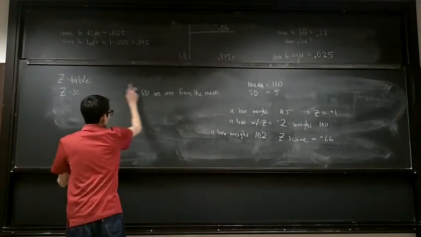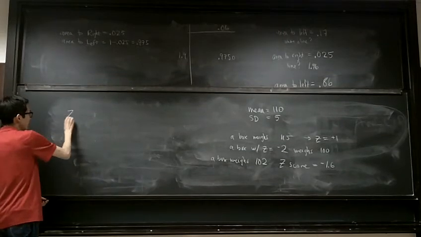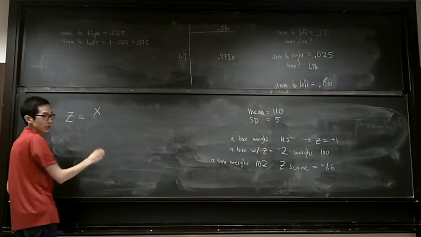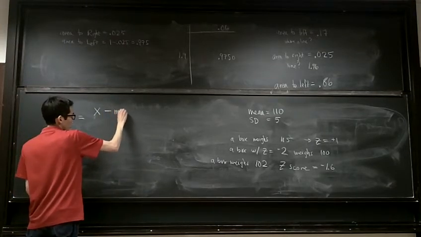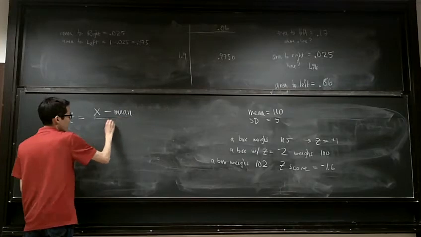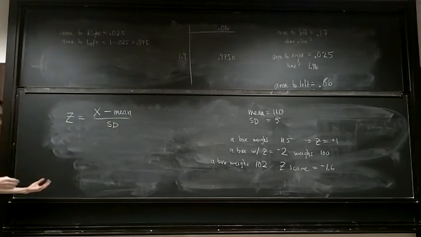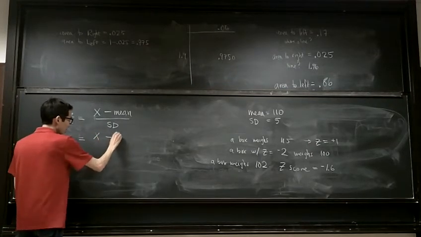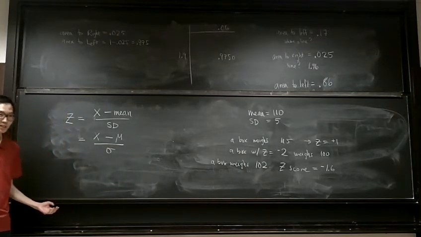So the z-score formula is equal to the number that we're interested in, the x, minus the mean, divided by the standard deviation. Sometimes we use symbols, so that will be written as x minus mu divided by sigma.